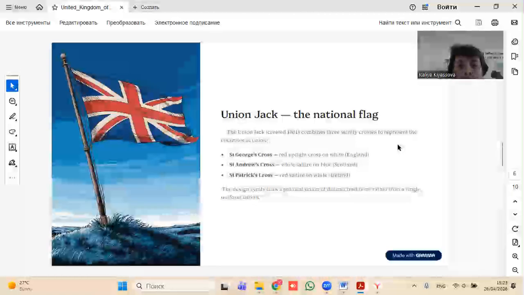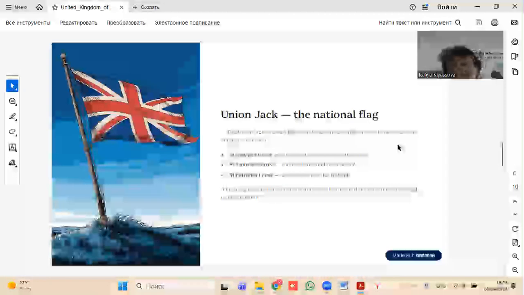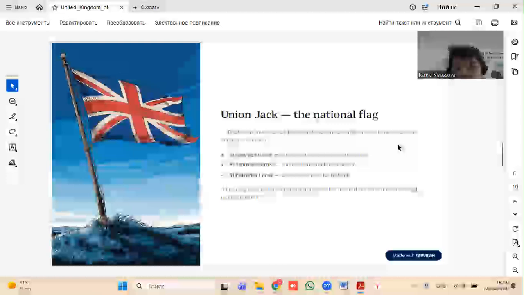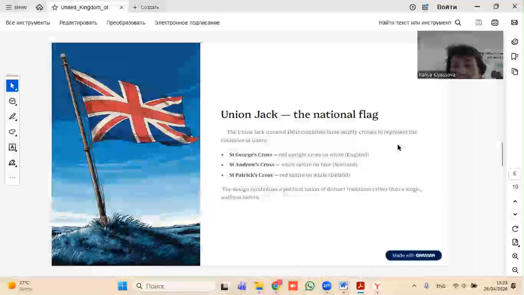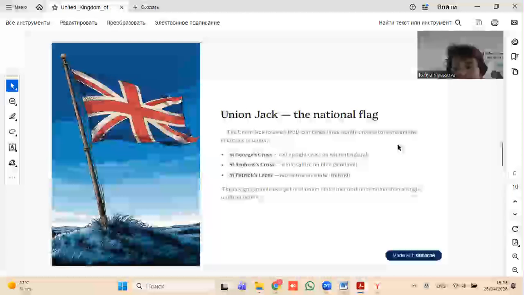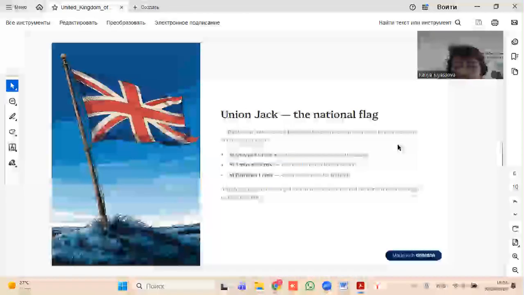St. Andrew's Cross, a white saltire on blue, is from Scotland. And St. Patrick's Cross, a red saltire on white, is from Ireland. The design symbolizes a political union of distinct traditions rather than a single uniform nation.